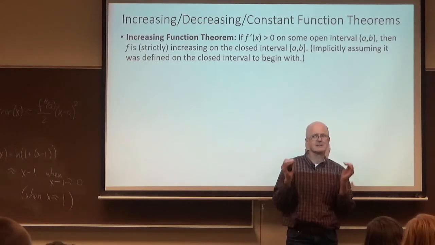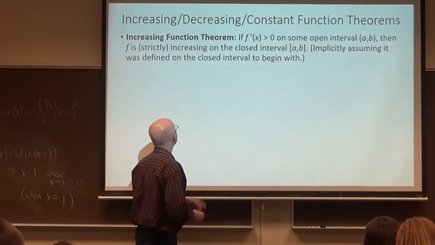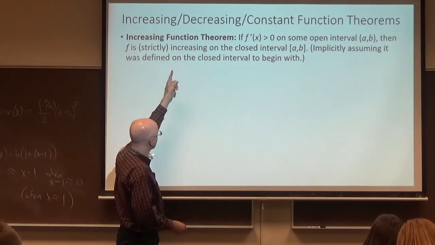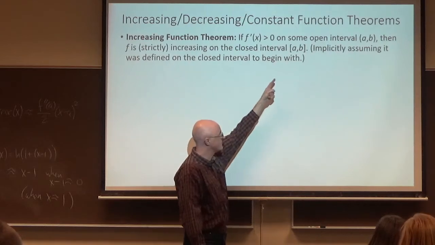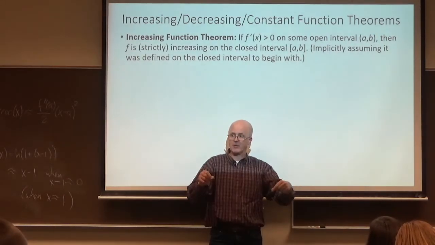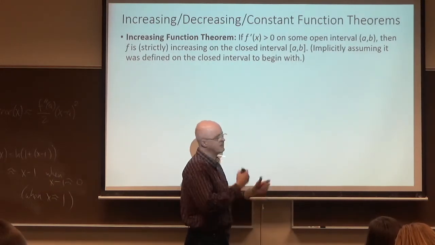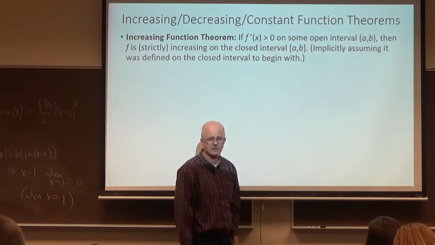Use parentheses. Then the function f is strictly increasing on the closed interval from a to b. That's closed interval notation. Square brackets means include the endpoints. I'm implicitly assuming f is defined on the closed interval when I say that.